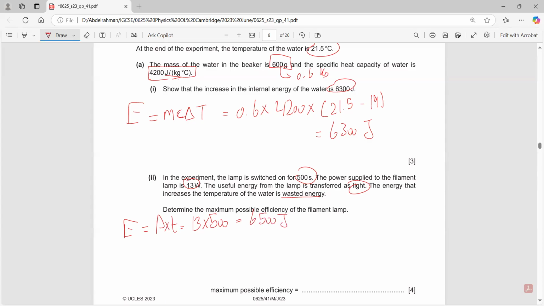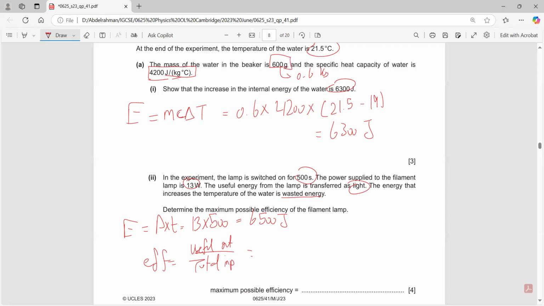Okay, good. And the efficiency, we know that the efficiency is the useful output over the total input. If for any reason you do not know the difference between the output and the input, most definitely, the input will always be greater than the output.